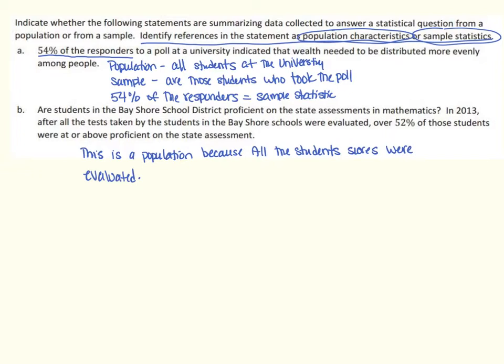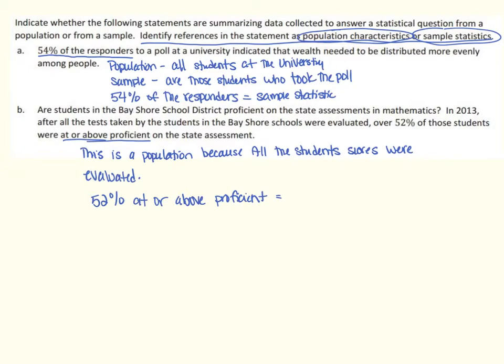So now in this certain scenario, the numerical value, which is the 52%, 52% were at or above proficient. So 52% at or above proficient. Guys, I'm just getting this information from the scenario. It's okay. It shouldn't be that hard. So here's your numerical value and what it represents.